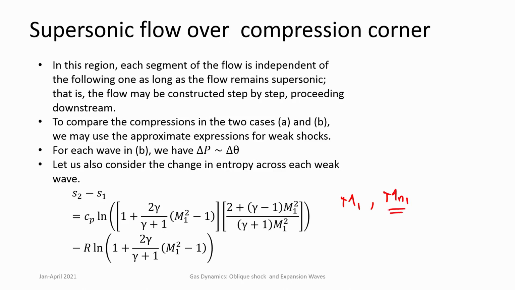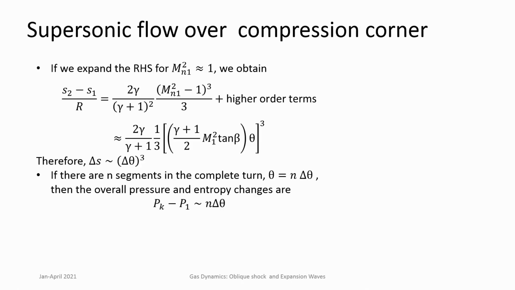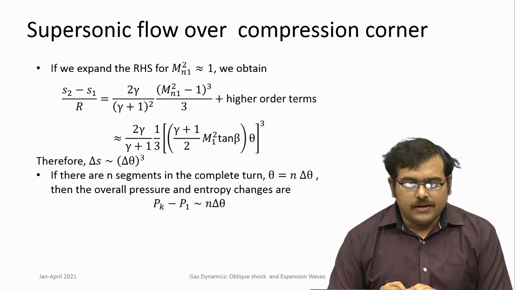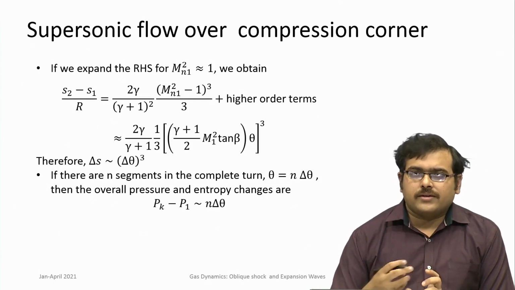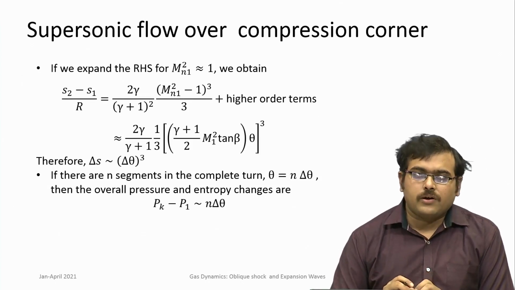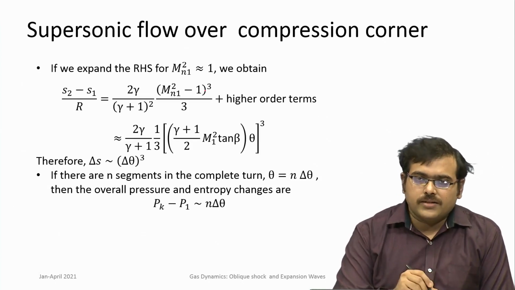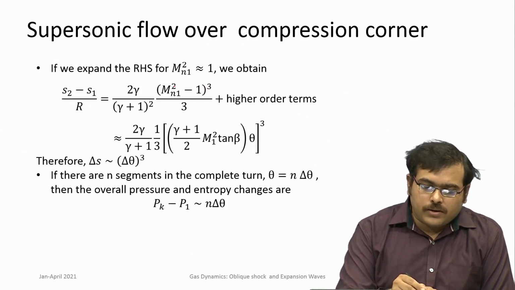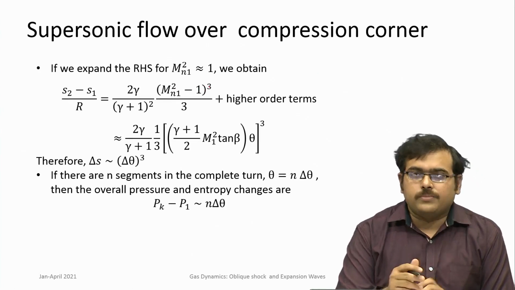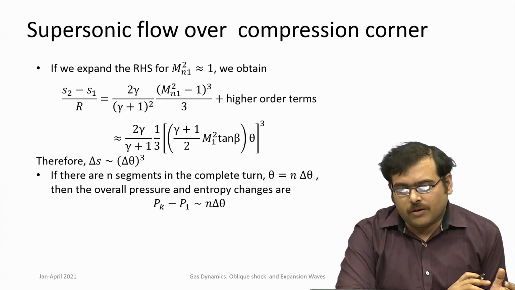In the normal shock discussions we also saw what happens when the strength of the normal shock becomes weaker and weaker, very small. It is called the weak shock limit, and in the weak shock limit we saw that the entropy change goes extremely small, as the power cube, M n1 squared minus 1, the whole power cube. This was discussed in the context of normal shocks.